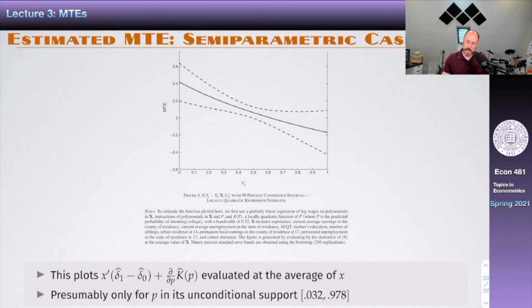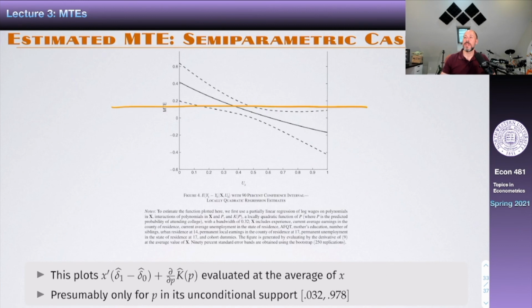Okay. This plots over here the marginal treatment effect with confidence bands. And what you see is that this is a semi-parametric estimation. One thing I want to tell you is remember that in a model where there's no unobserved heterogeneity, the marginal treatment effect would be flat.